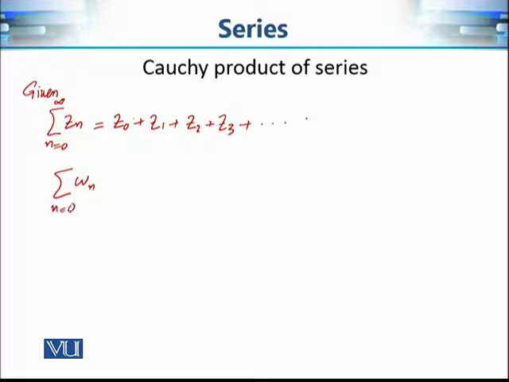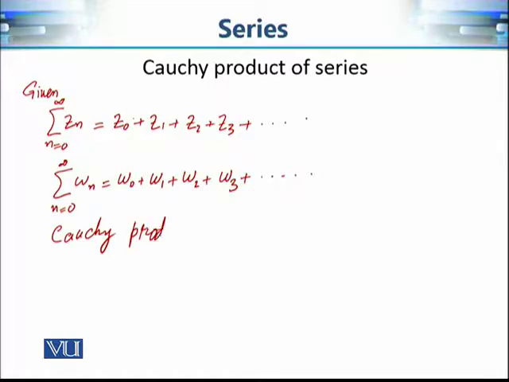And similarly, let's consider another series Wn, n equal to 0 to infinity, W0 plus W1 plus W2 up to so on. Okay. Now, the Cauchy's product we have defined, and we have seen that it is Cn, defined in some particular way.